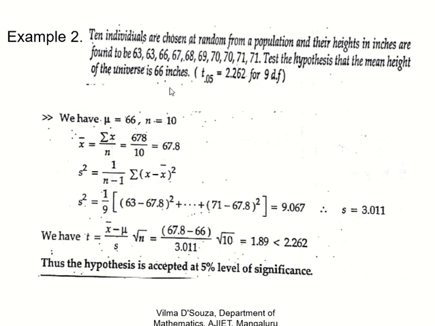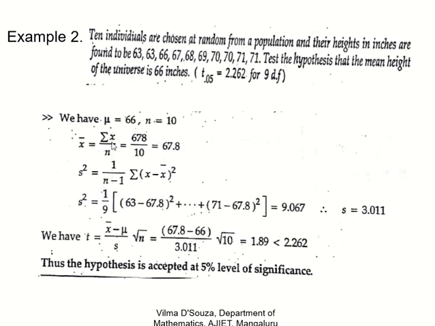So mu is 66 here, according to your hypothesis. What is n? n is 10. Sample size is 10.